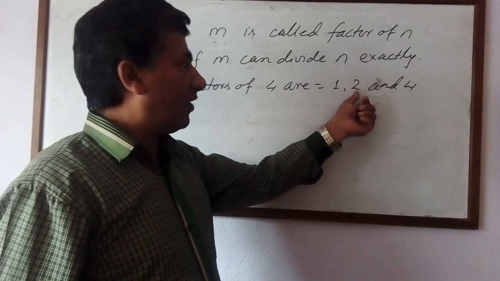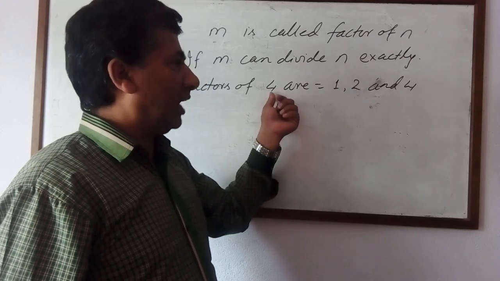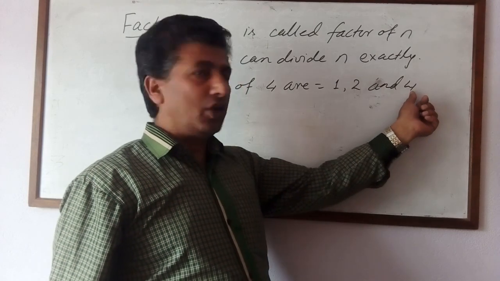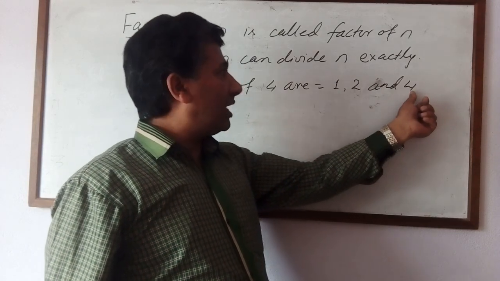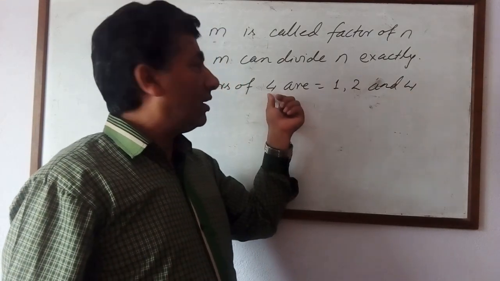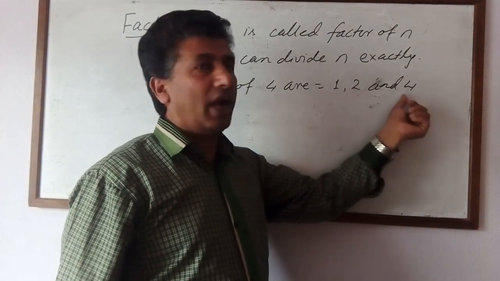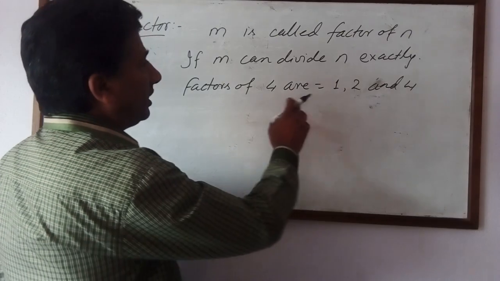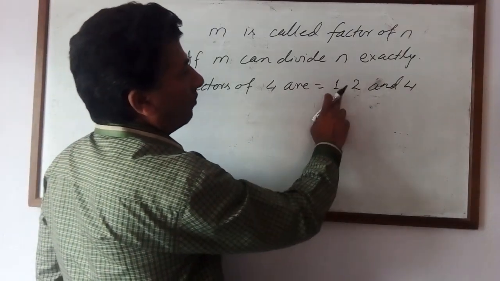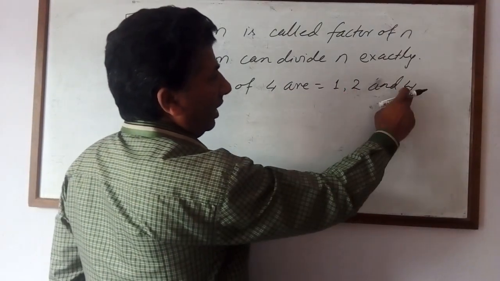This 2 is another factor, 2 can also divide 4 exactly. And 4 is also a factor, it can divide 4 one time. That's why 4 has 3 factors: 1, 2 and 4. And 4 is called a multiple of 1, 2 and 4.